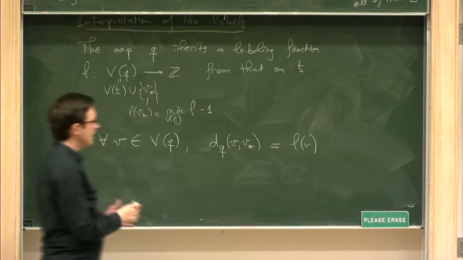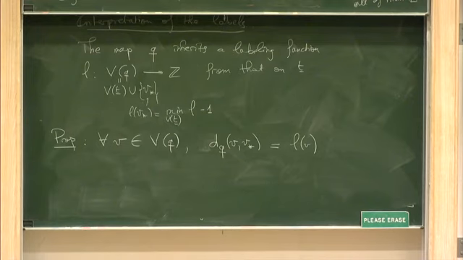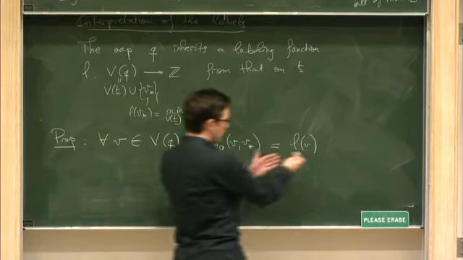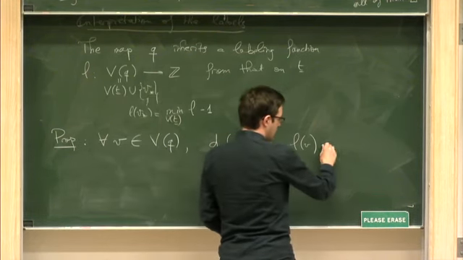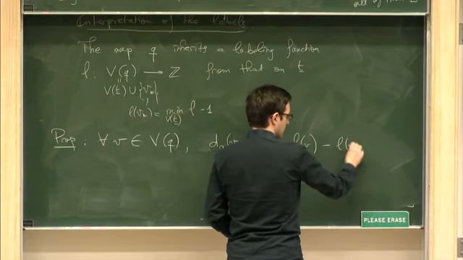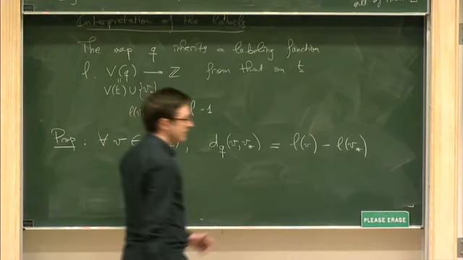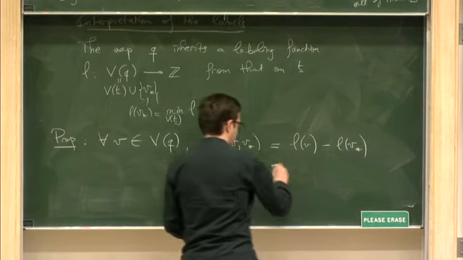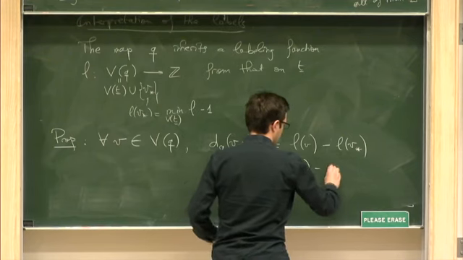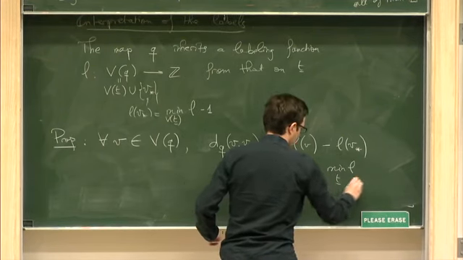And of course, the labels can be positive or negative, so I have to shift the labels to make them all positive, or at least non-negative. I just shift them by the minimum label, so the label of V star. So the same as L of V minus minimum of L on T plus 1.